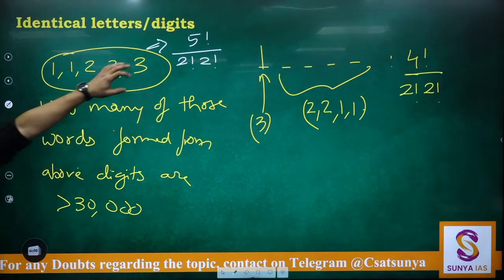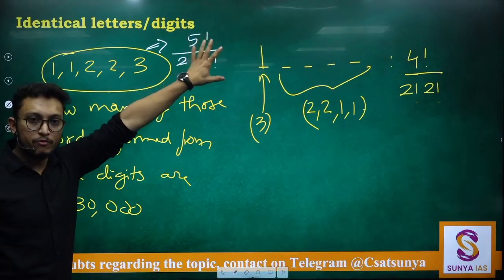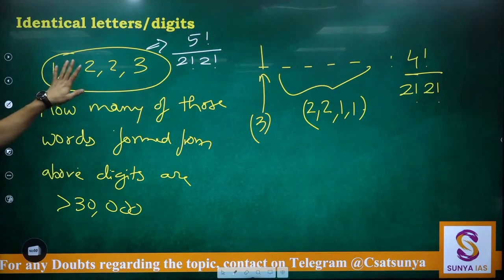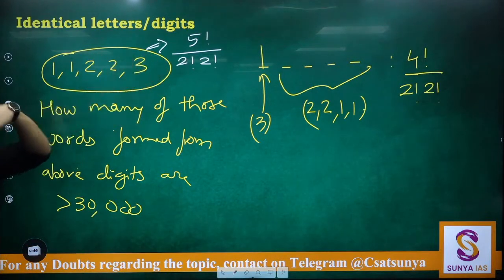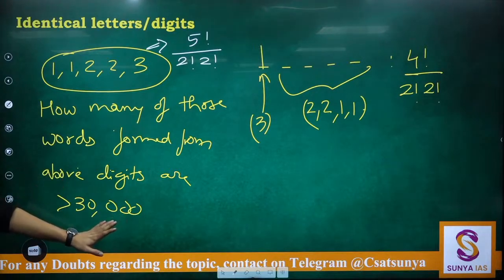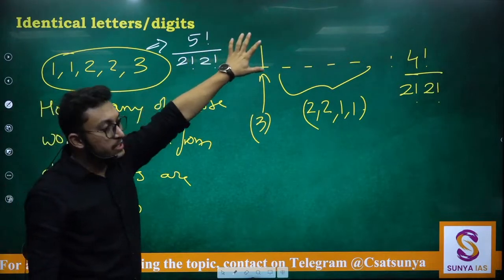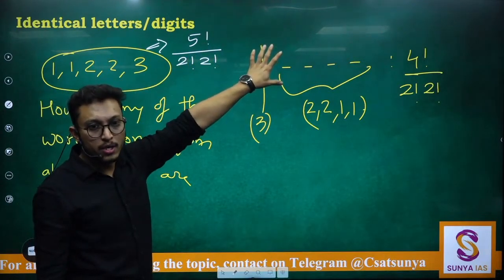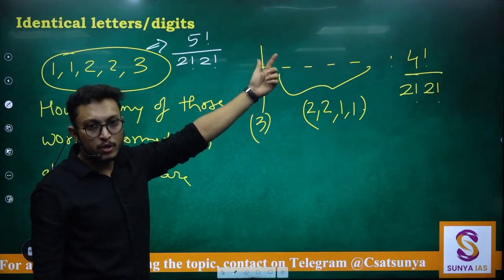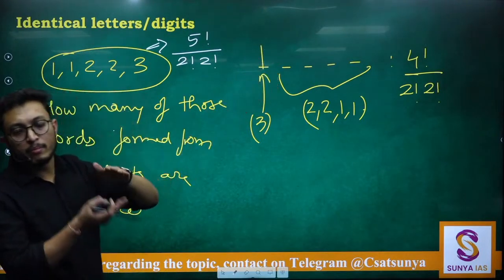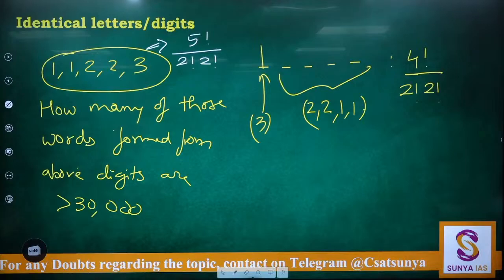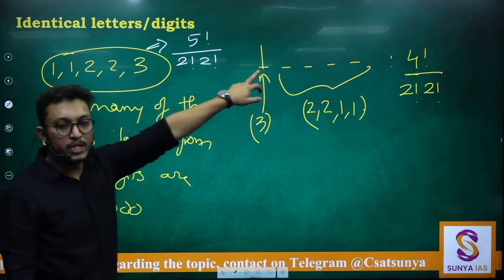I am saying that out of these total numbers that can be formed using these, how many are such that they are greater than 30,000? अब यहाँ बहुत सारे numbers बन रहे हैं, उनमें से 30,000 से बड़े कितने हैं? So for any number to be greater than 30,000 using 1, 2, 3, can I say पहला digit 3 होना ही चाहिए? Because if I fill it with a 1 or 2, it will be some number between 10,000 or 20,000 range.